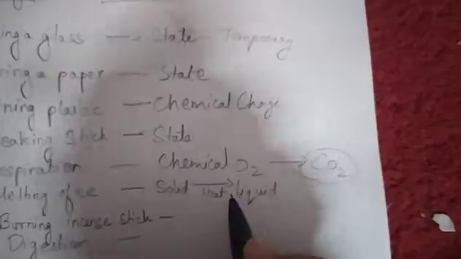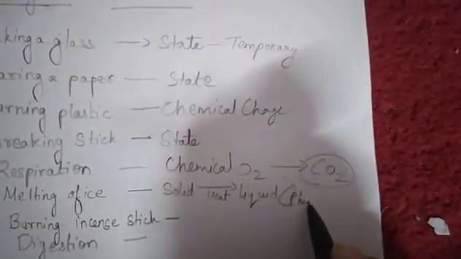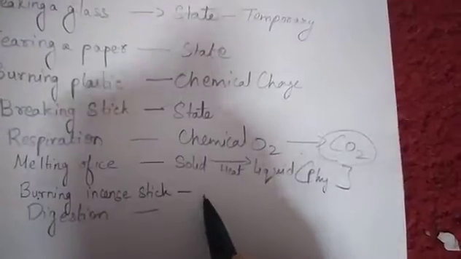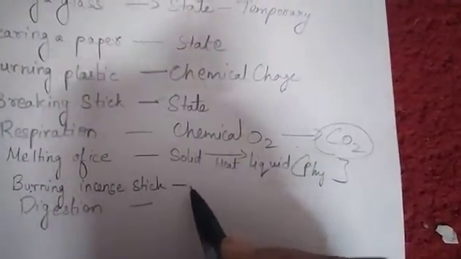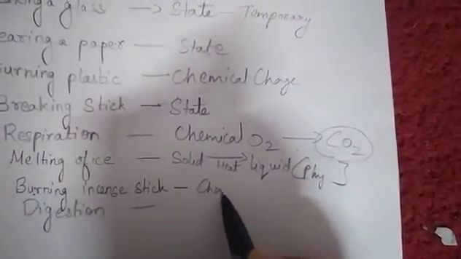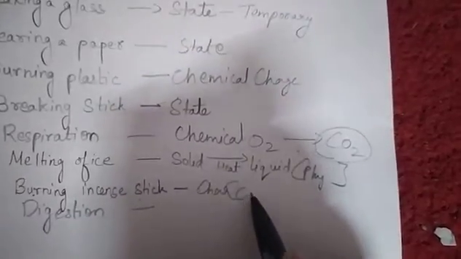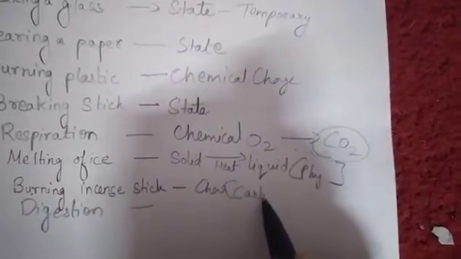Only the state is changed, so it is a physical change. Next, burning an incense stick. Here the incense stick is nothing but charcoal, a carbon compound, which is changing into ashes, so it is also a chemical change.